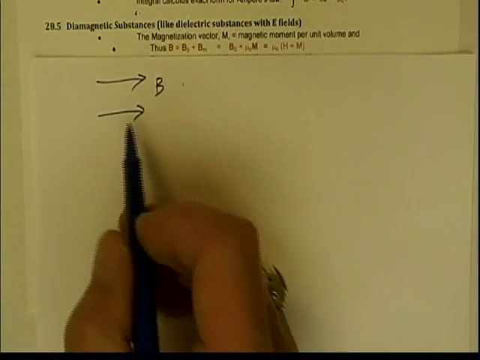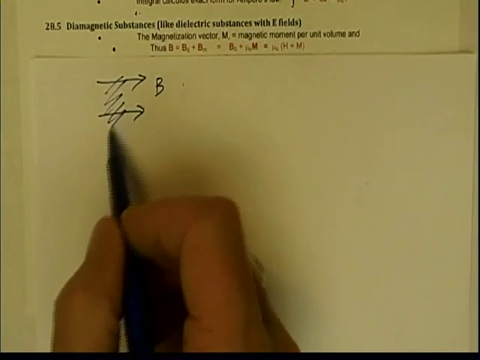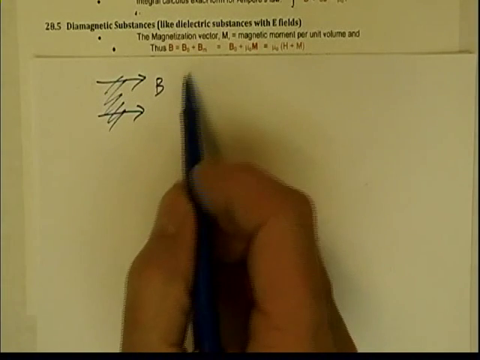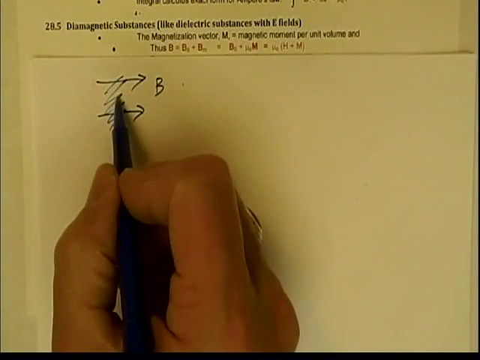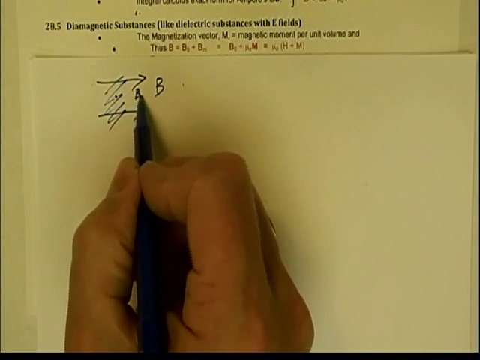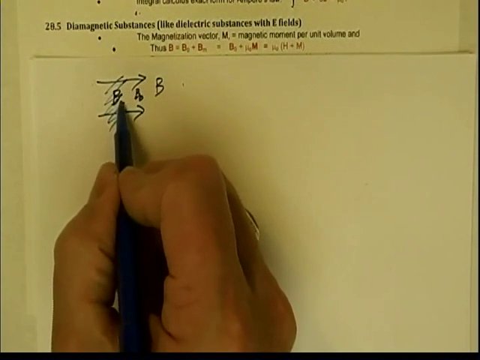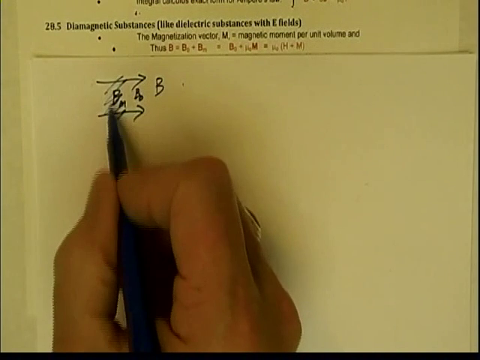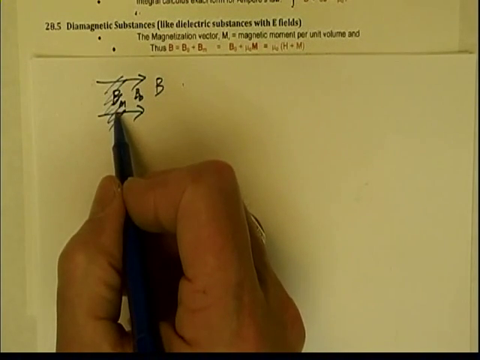But if there's some kind of substance placed in this magnetic field, it will alter the magnetic field so that the total magnetic field in here is the B naught that we originally had, plus a B due to the magnetization that exists within the substance.